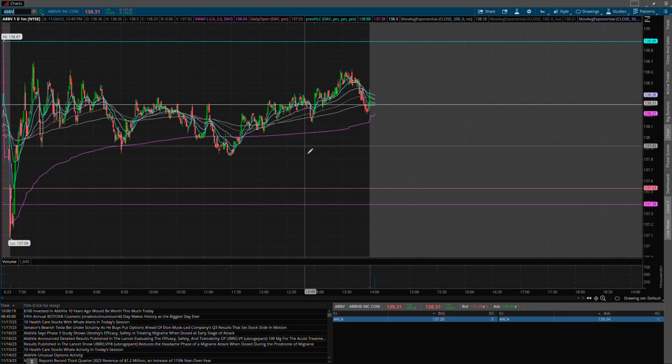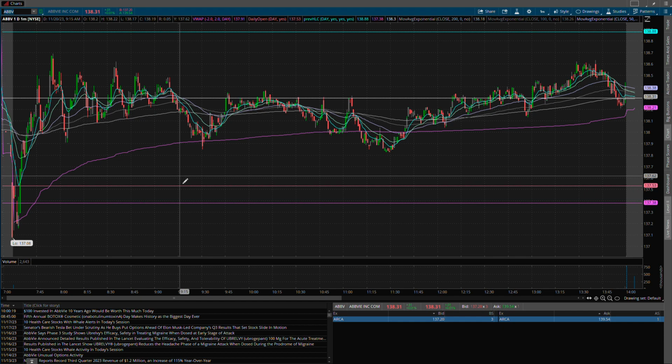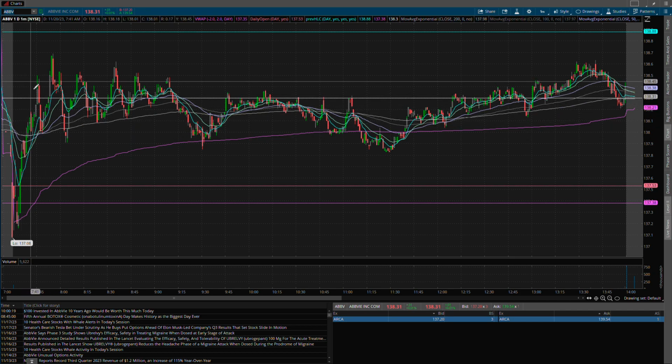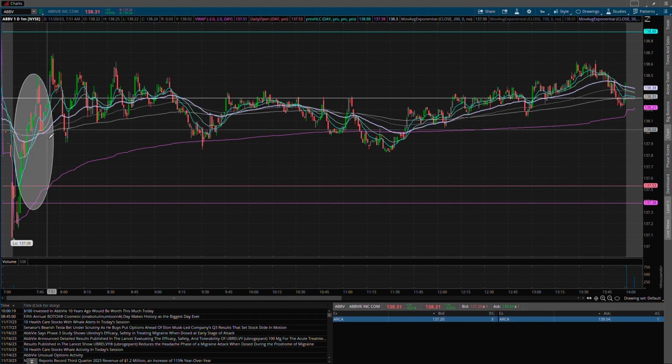So I'm looking at this. I don't trade this much, actually, I don't trade it at all. So I'm looking at this, and this also essentially, see right there, boom, boom, right there. That would be considered a trend trade right there. Continuation.